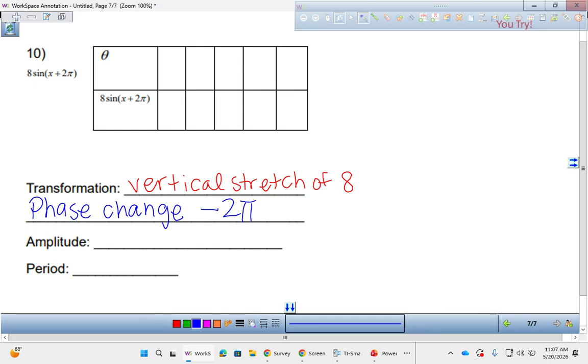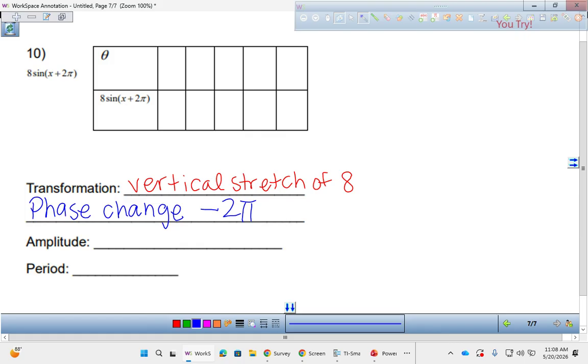So the red is vertical. Vertical is going to affect y values. The blue is a left-right. That's going to change x values. So the y values are going to be impacted by 8 somehow, and the x values are going to be impacted by a negative 2 pi.